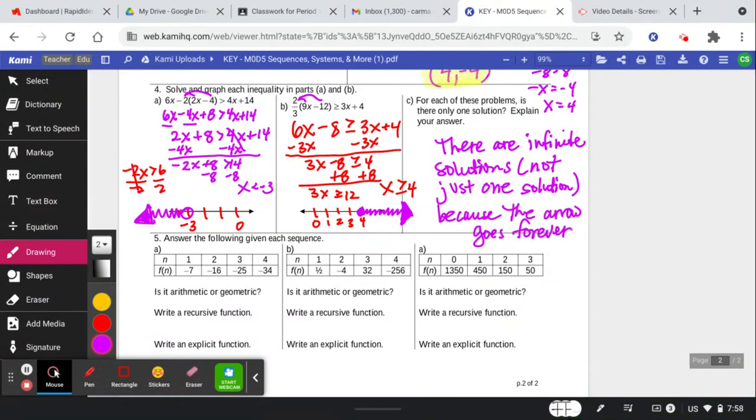So for example, when I get just one answer like x equals 3, that's just one solution. But here, x equals 4, x equals 5, x equals 6, and so on forever. It could be any of those numbers, 4 or greater than 4. And so there are infinite solutions, not just one solution, because that arrow represents going forever.